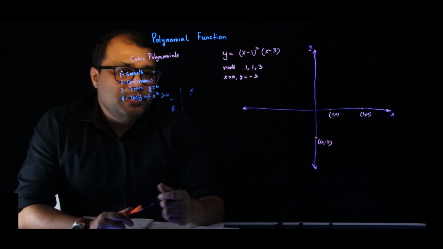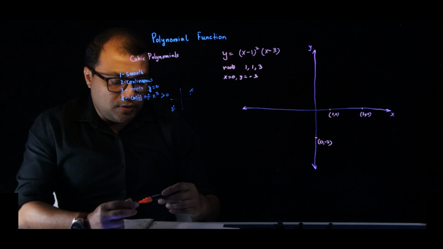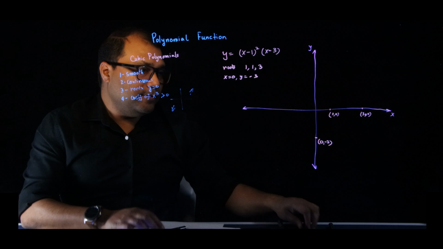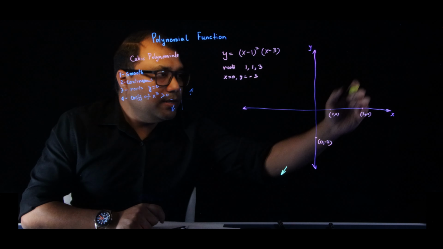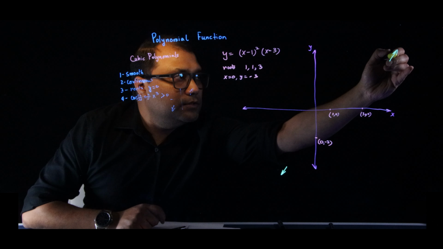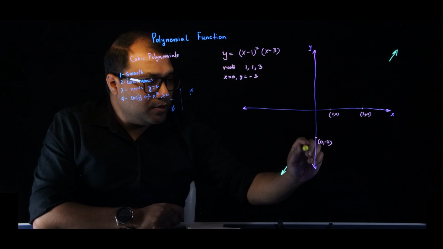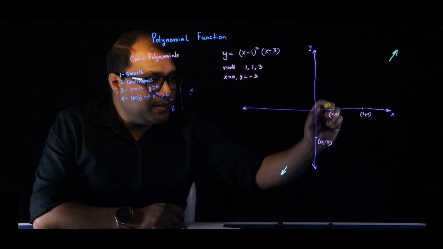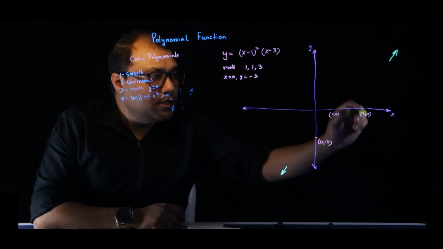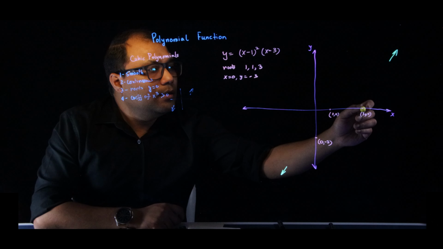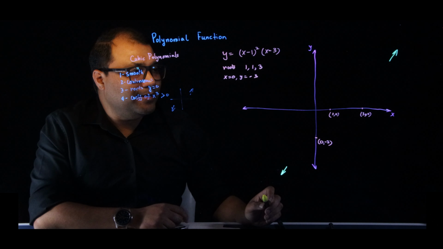The other thing is coefficient of x cube is greater than 0. So we also know that the graph will be going this way and it will be going this way. Now, if we try to draw a graph like this, if it passes through (1, 0) and it's a smooth curve, it passes (3, 0), there is no way it can go to this quadrant without crossing the x-axis again, right?